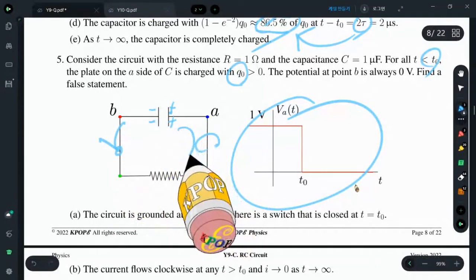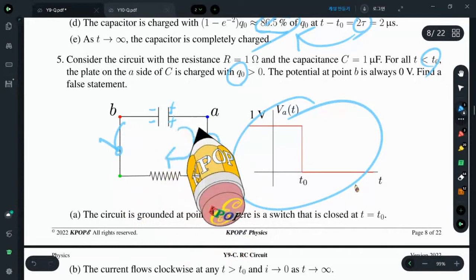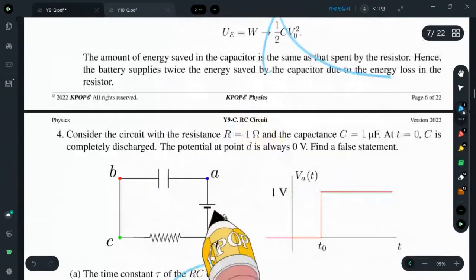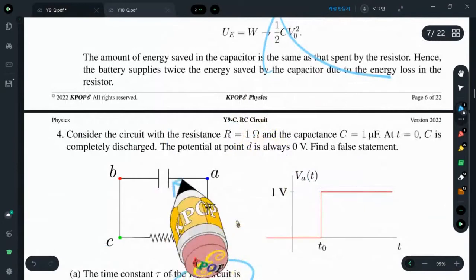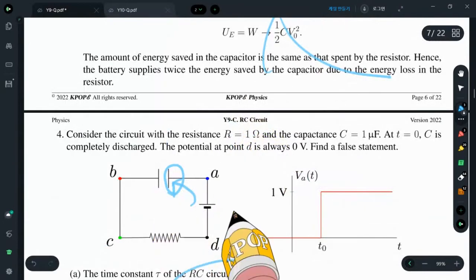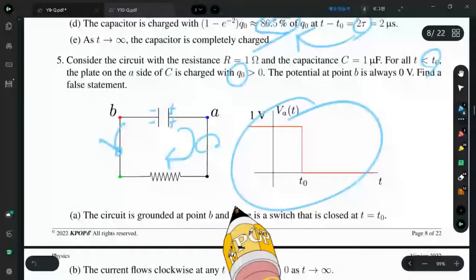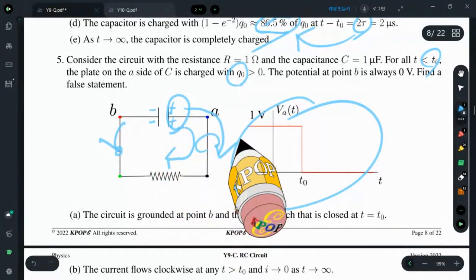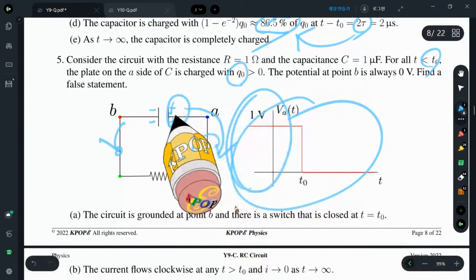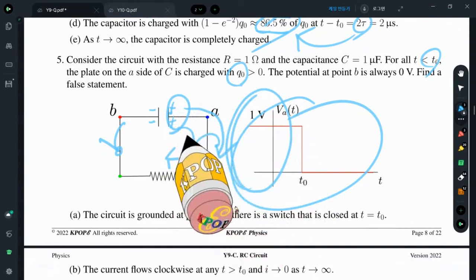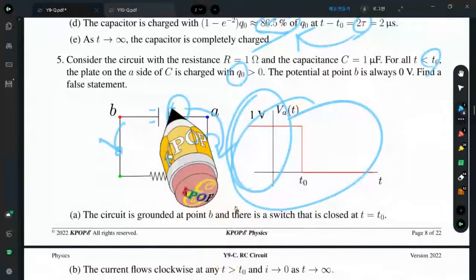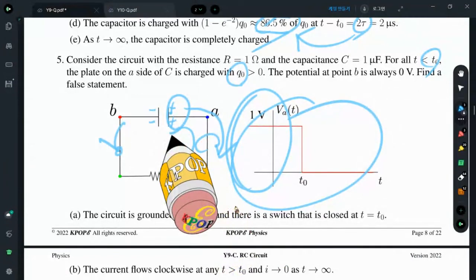In this case, the current flows out, in the opposite direction in comparison with the previous case. Current flowed in to fill the charge. However, now charge is being lost. Understood? By losing the charge, that is called the discharge, the potential will decrease.